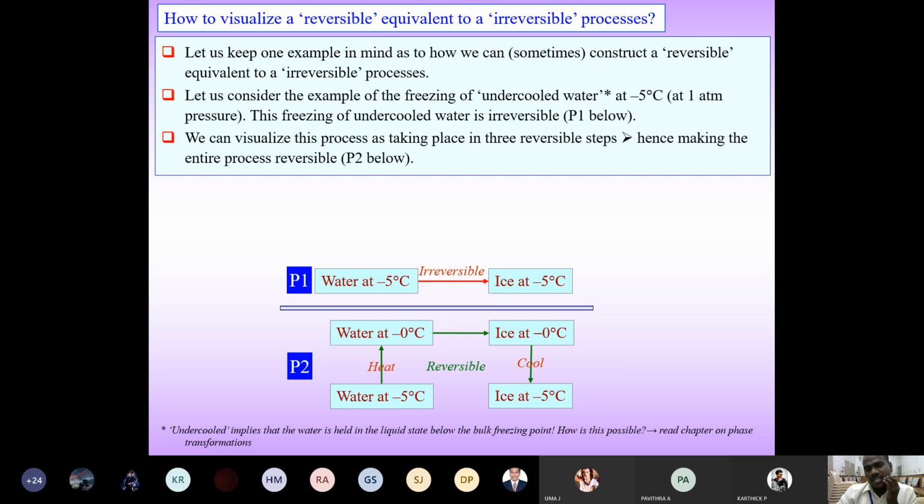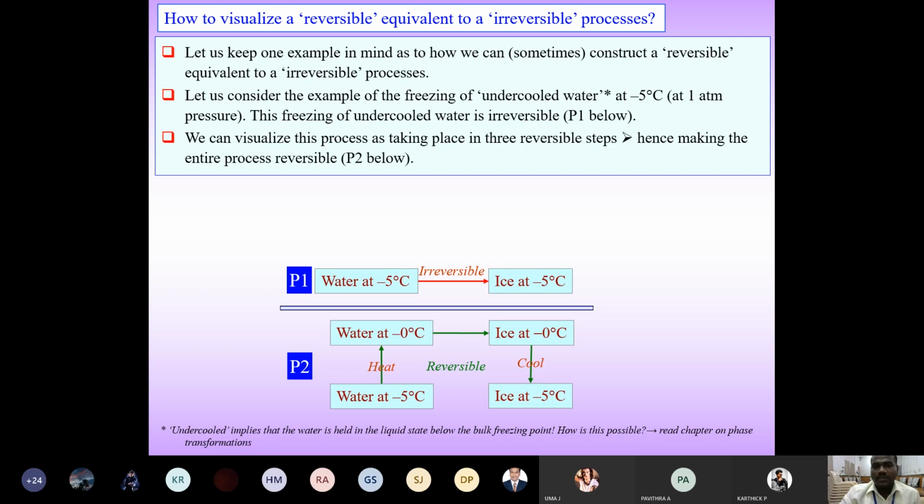What is the freezing point of water? That is 0 degrees Celsius or 273 Kelvin. So how is this possible? This is the term undercooled water. We can have undercooled water as well as undercooled ice at -5 degrees Celsius at 1 atmospheric pressure.